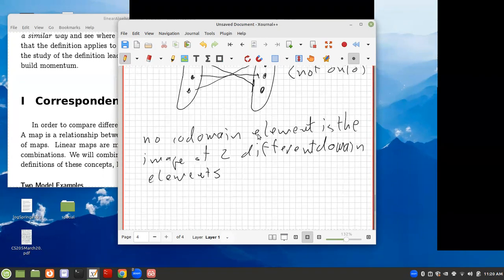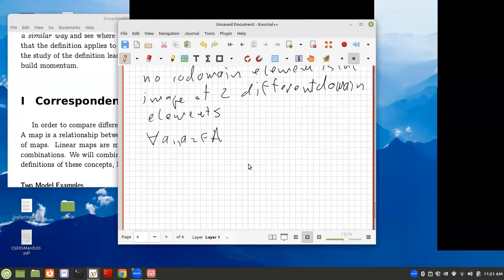The way to say it is, for every two domain elements, say A1, A2, if f of A1 is equal to f of A2, then it must be the case that A1 equals A2.